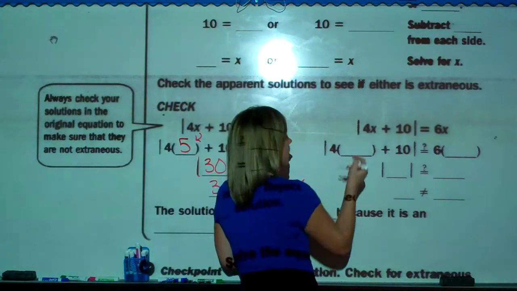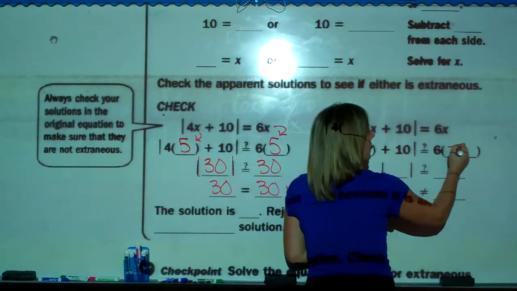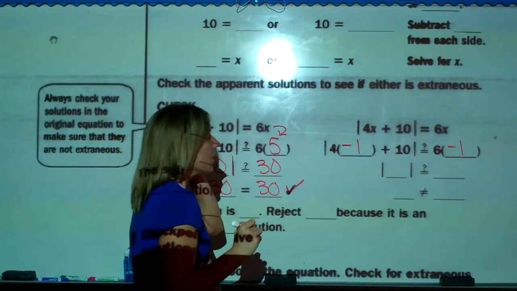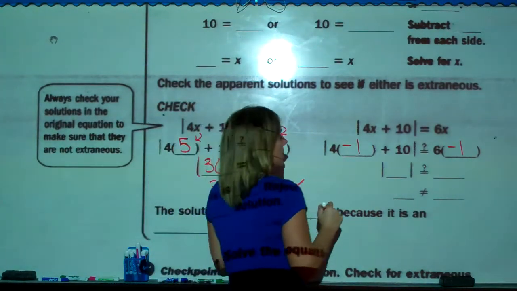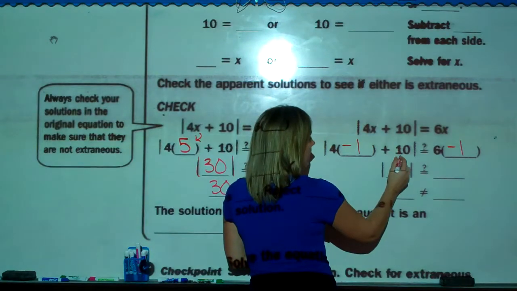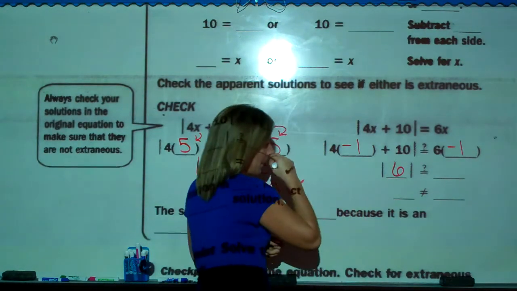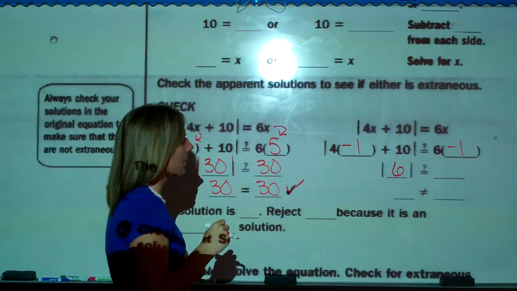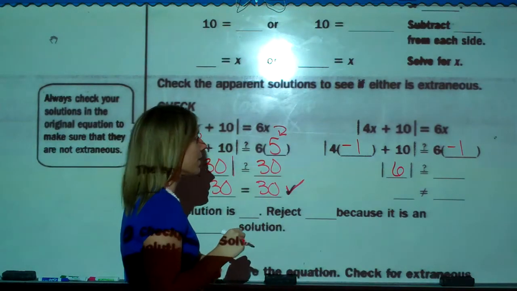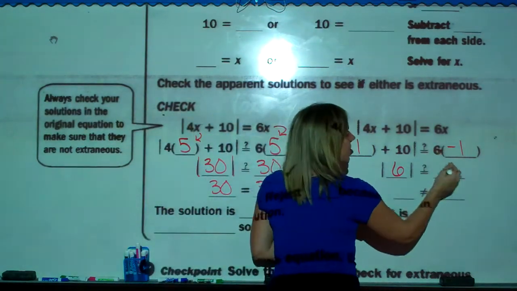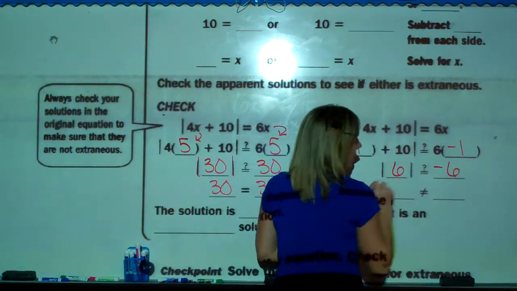Okay, the other answer was negative 1. So 4 times negative 1 is negative 4 plus 10 is a 6. Yes, just want to make sure I did that right in my head. All right, and then this 6 times negative 1 is negative 6.